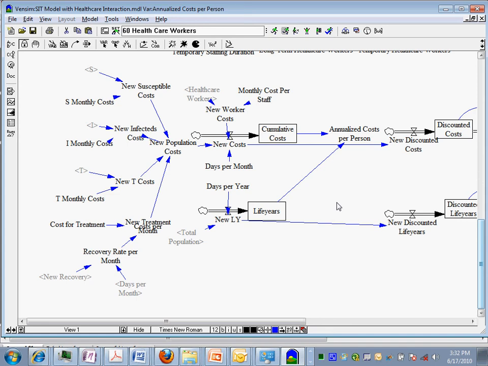Fourthly, when you compare policies, you can compare the impact on costs. One policy might accumulate $350 million in costs, and another one $375 million, but the first policy leads to lower life years lived, and the second policy has higher life years lived. So it costs more, but it's a higher number of life years.